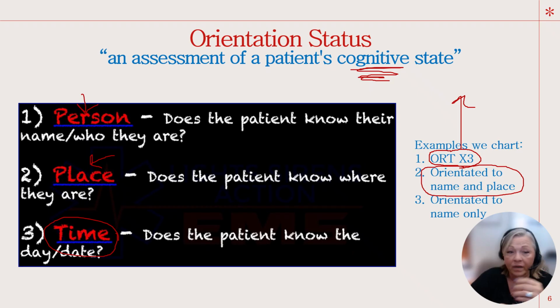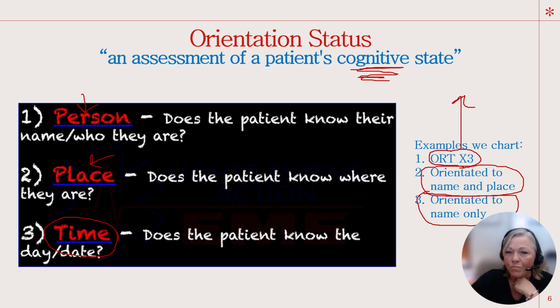And the last one, if they're only orientated to one of these, they only know their name, but they don't know where they are or when it is, then we would state just what they're orientated to only. So they were orientated to name only, place and time, we know that they don't know. And this gives us the degrees of their confusion.